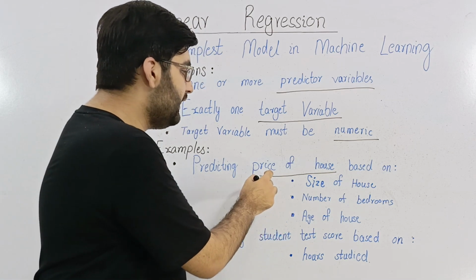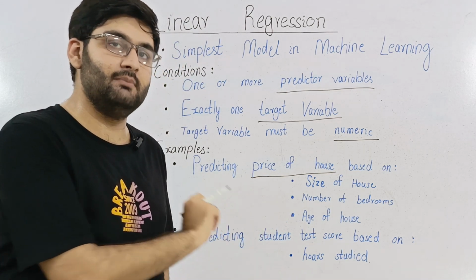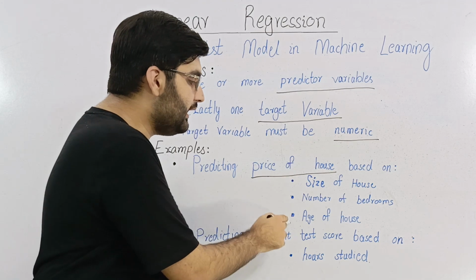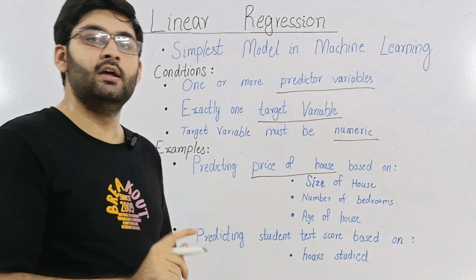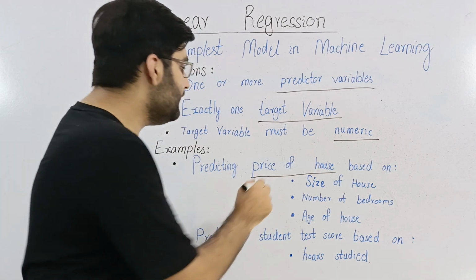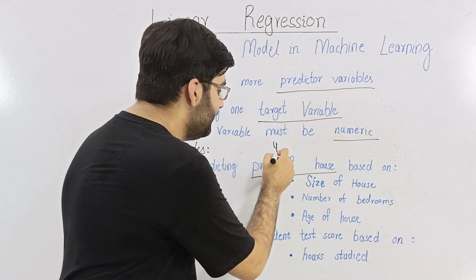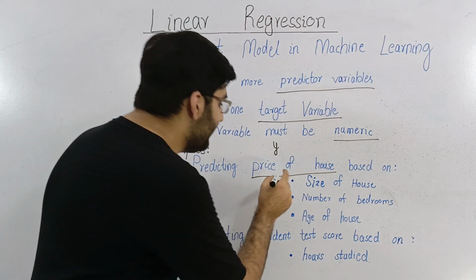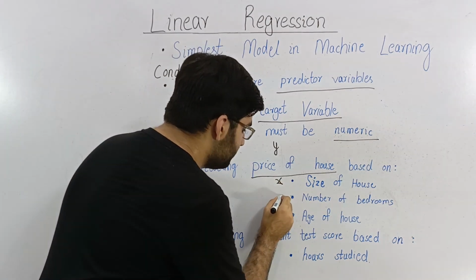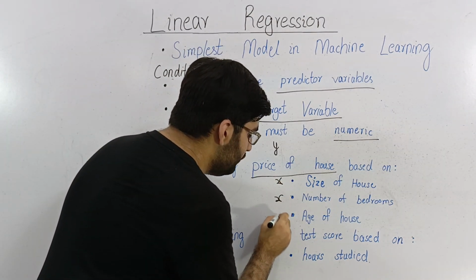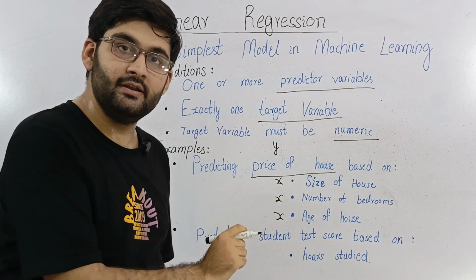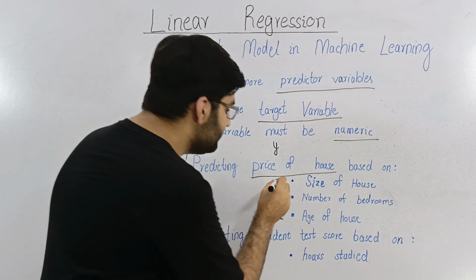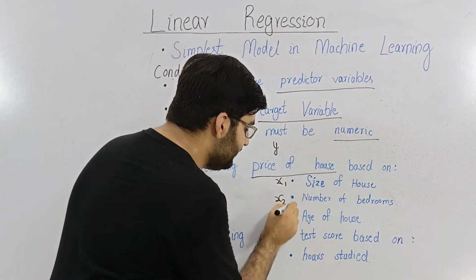So the price of the house is the target variable, and these three are the predictor variables. We represent the target variable with a y and the predictor variable with an x. Now because there are multiple predictor variables, we can use subscripts to distinguish them.